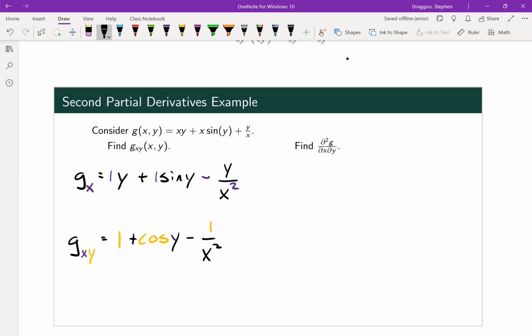If we go again, this time we're going to do y first. So g partial y, go through it this time. We should have x plus x cosine y plus 1 over x.